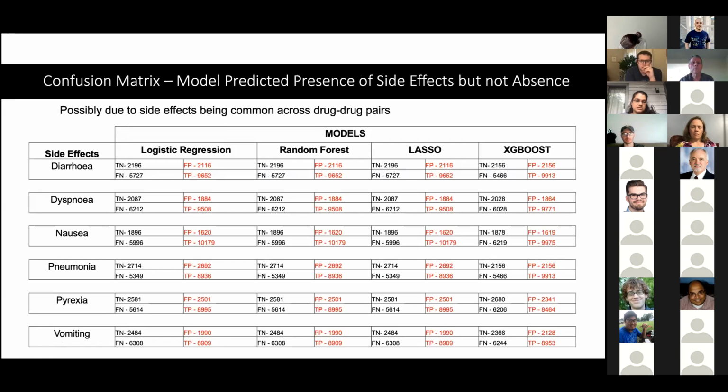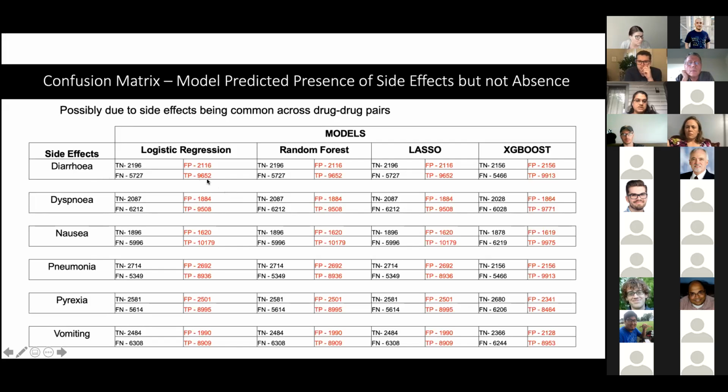The confusion matrix is another metric that I used. It looks in detail at how many true positives and true negatives the model predicts, and also how many false positives and false negatives. For example, in the case of diarrhea, it could correctly predict 9,652 drug pairs having a specific side effect, which is diarrhea.